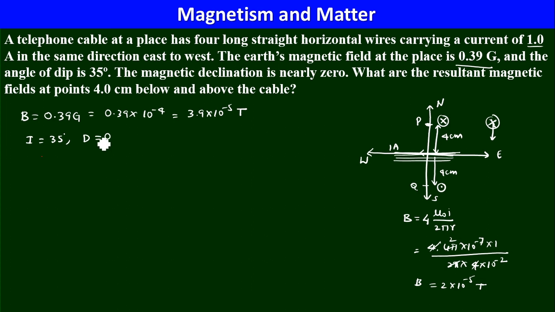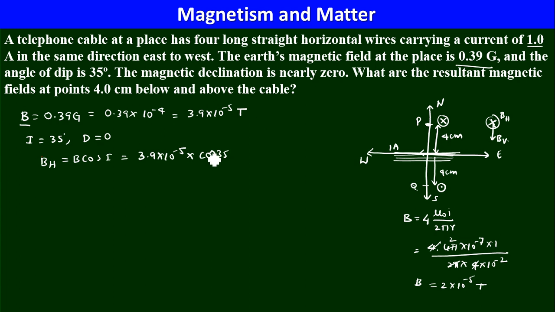Now we can find out the horizontal magnetic field, which is into as I have assumed here, and B vertical is actually downwards in this location and this location also. What is B horizontal here? It is B cos I. Let me take this number, 3.9 into 10 power minus 5 into cos 35.